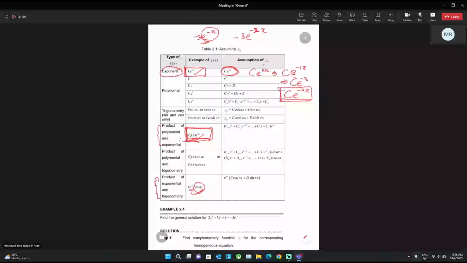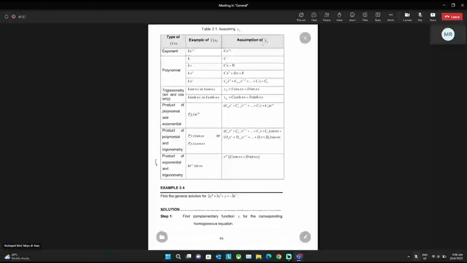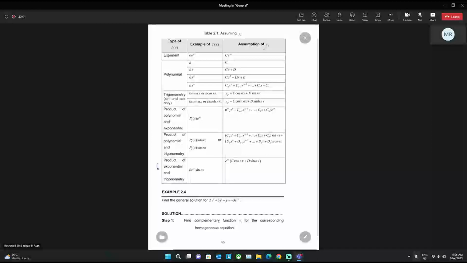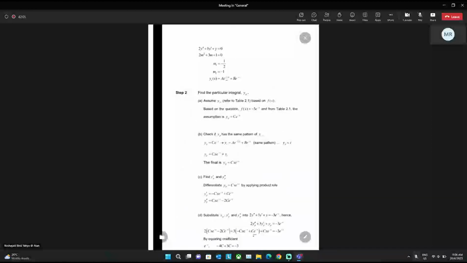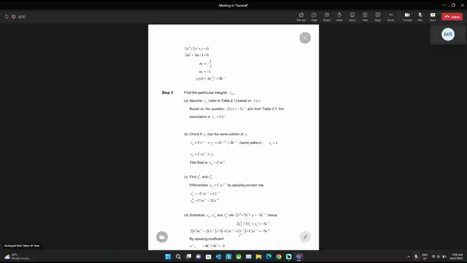Is that clear for you? Clear, Doctor. Right. That's why your assumption of yp is C exponential negative x.